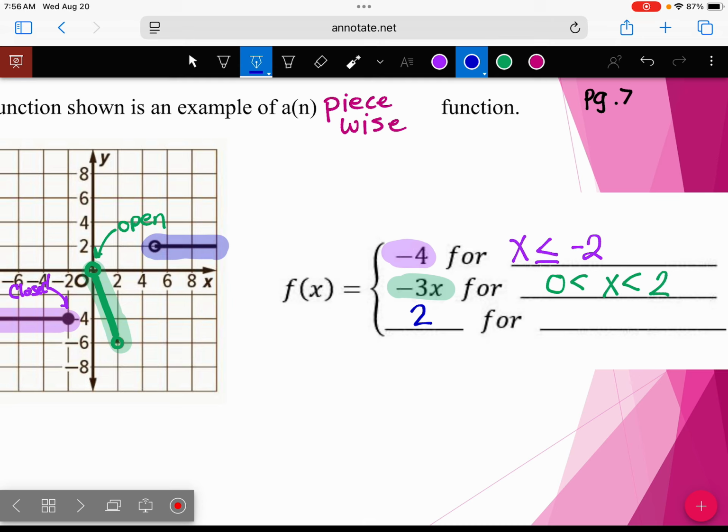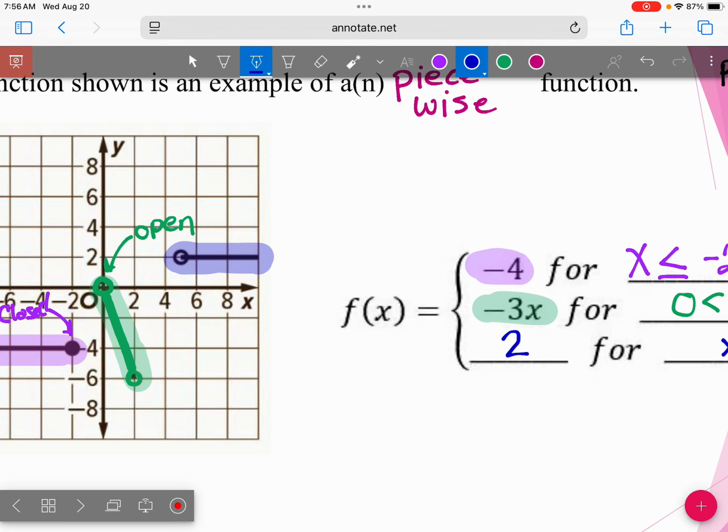What do we know about our x's for this blue piece? What's the smallest it can be? Yeah, like 5. It's between the 4 and the 6. And if you say it's 4.5, totally fine. 6.5 wouldn't work, but 5.5, totally fine.